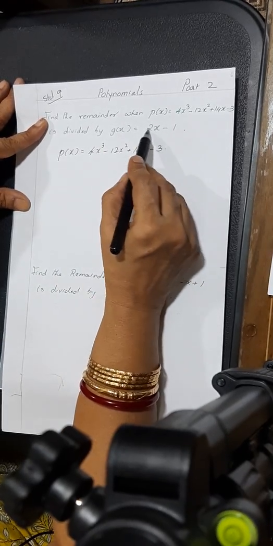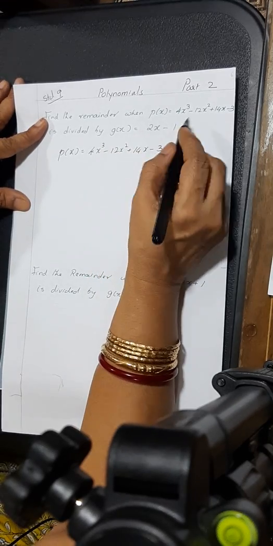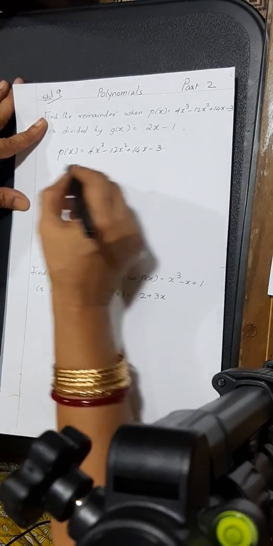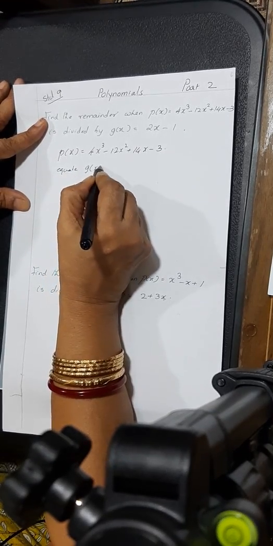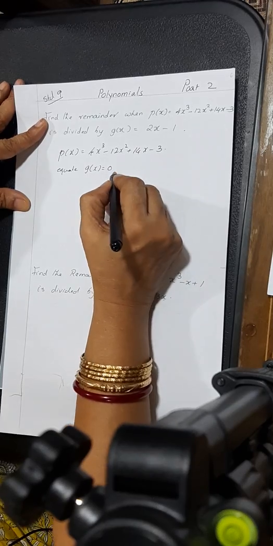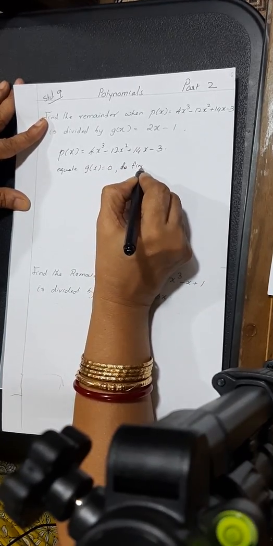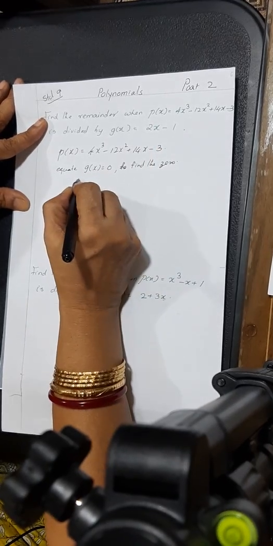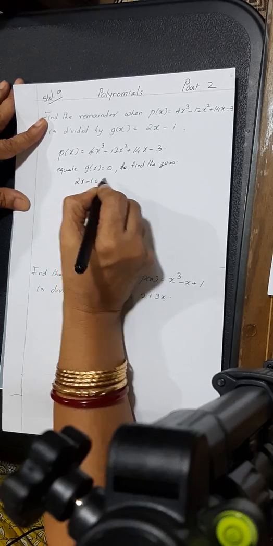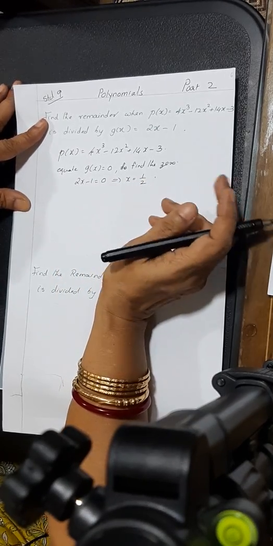Now here we have to find the zero of g of x, so we equate g of x is equal to 0 to find the zero. So, you get 2x minus 1 equal to 0. From this you will get x is equal to 1 by 2.